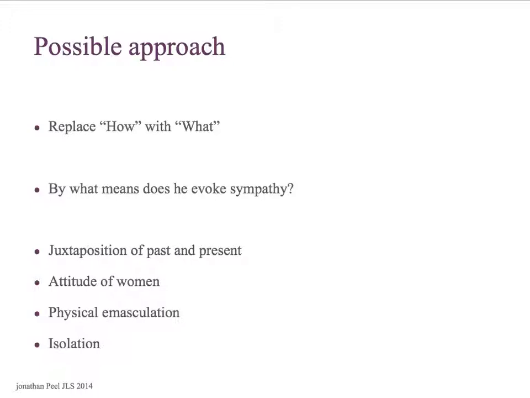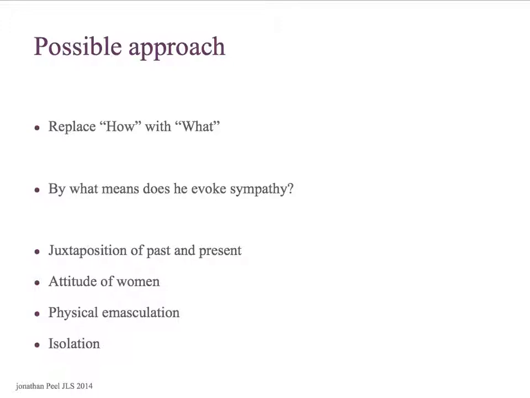Put simply, if you don't know what the themes or ideas are that Owen has included in this poem specifically to help a reader feel sympathy for the soldier, then you haven't really got a chance of working out how he does it.